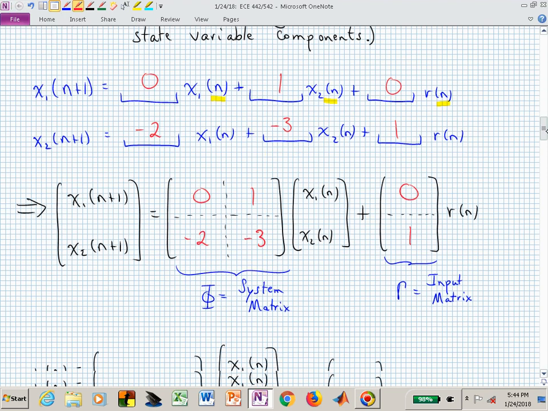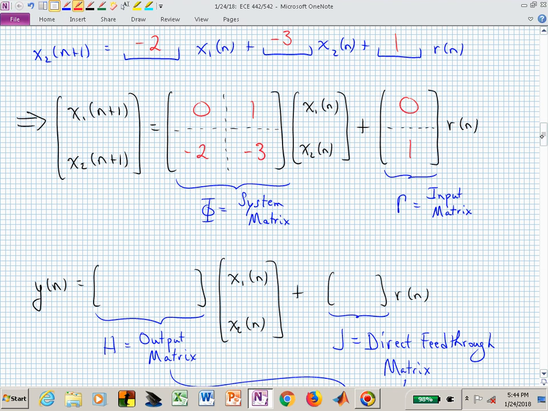And now what we want to do is generate the output equation. And these equations all have to be compatible. We have 2 state variables. How many outputs have we defined for this system so far? Just 1. So we have 1 row making up the matrices in this output equation.